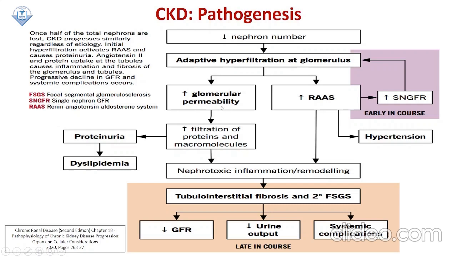When decompensation develops, we can see increased filtration of proteins and macromolecules, which leads to proteinuria and dyslipidemia, nephrotoxic inflammation, kidney remodeling, tubulointerstitial fibrosis, and focal segmental glomerular sclerosis, especially in the second degree, when we see typical clinical manifestations with decreased glomerular filtration rate, with decreased urine output, and with systemic complications.